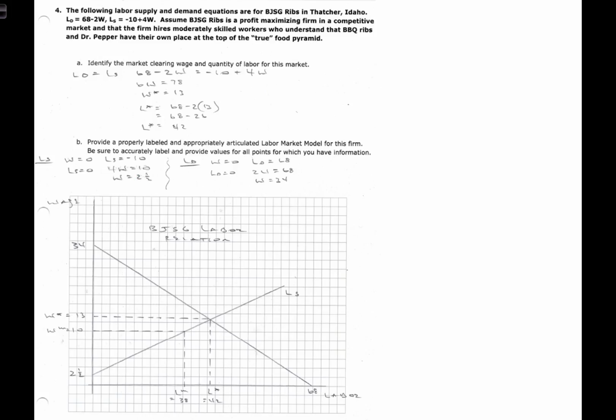You're giving me the exact same information here, 34, 68, 2.5 for labor supply, and you're showing me the $13 in wage in W star and the 42 units of labor. This WM of 10 and LM of 38 come in another item on the next page. But your initial model was just giving me this information.